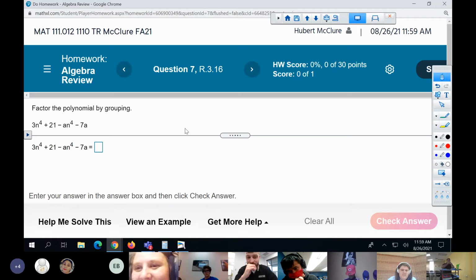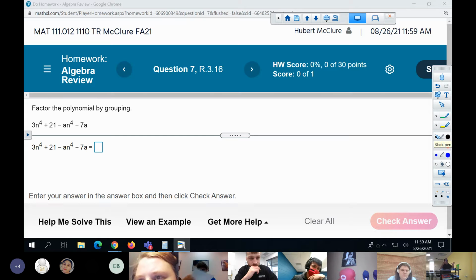All right, so here is 4 terms. Somebody tell me what we're supposed to use when you have 4 terms. You're supposed to use grouping. Now there's 2 types of grouping factoring. There's 3 by 1 and there's 2 by 2. Now I'm trying to get a review section in here with this one problem. So I'm showing you 2 ways so we can get more bang for the buck.